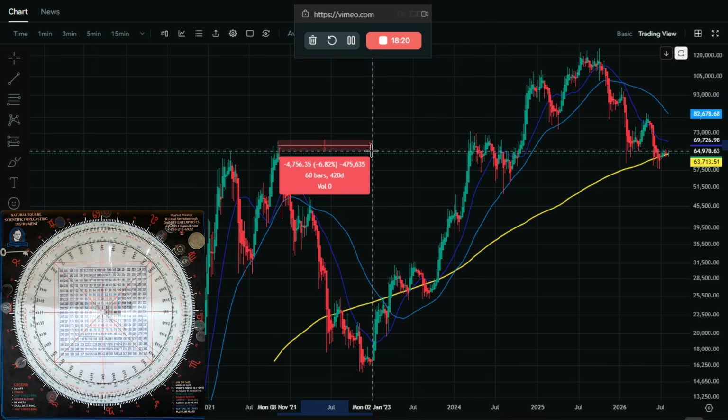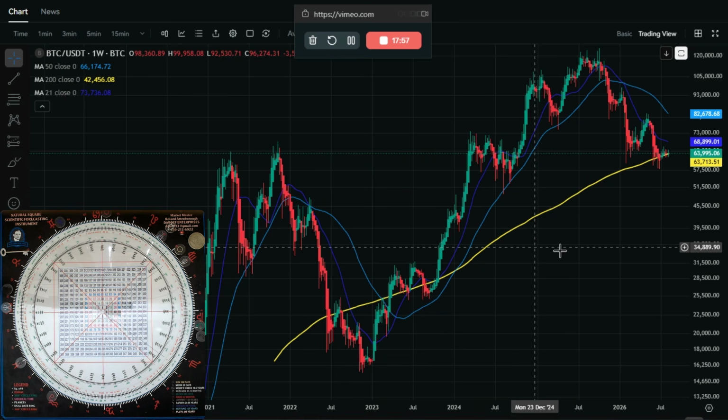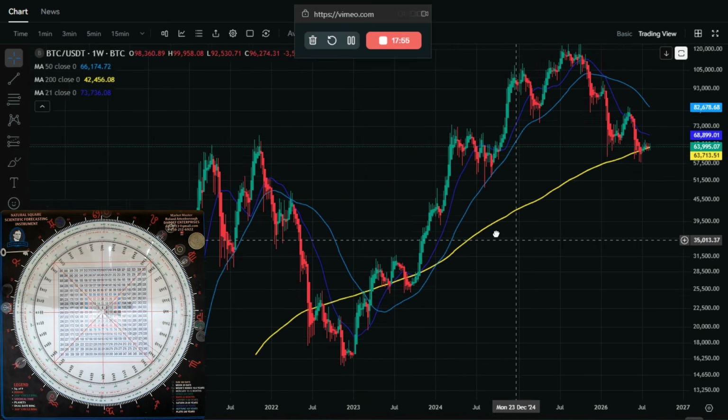So I thought I'd show you how that works out, and that somewhere between a period of about 51 to 60 weeks, we could see a lot of the very similar market behavior.